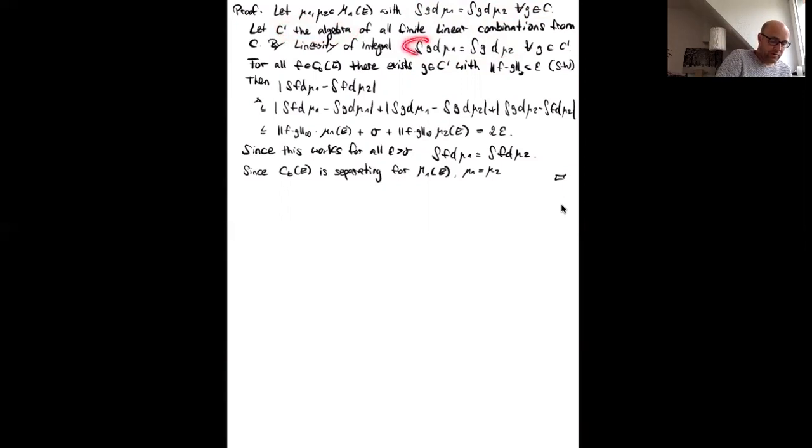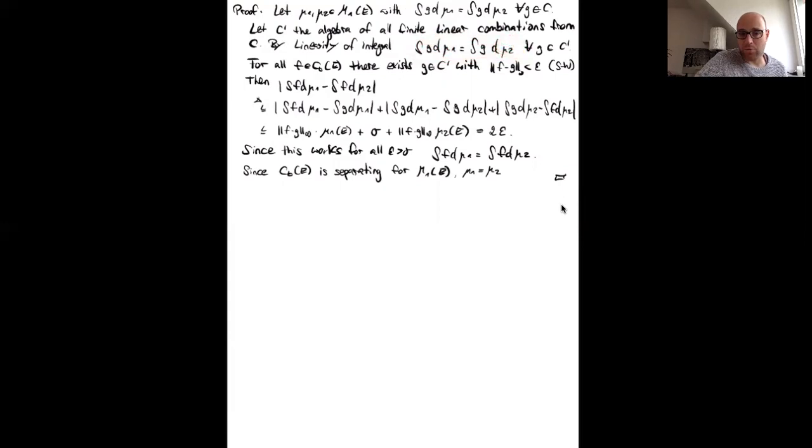So now the point is the following. All these functions g by Stone-Weierstrass are dense in F. So if I take any function f which is bounded and continuous, I can approximate the integral of f by integrals in g. I do it for mu1, I do it for mu2, and then I take the limit.